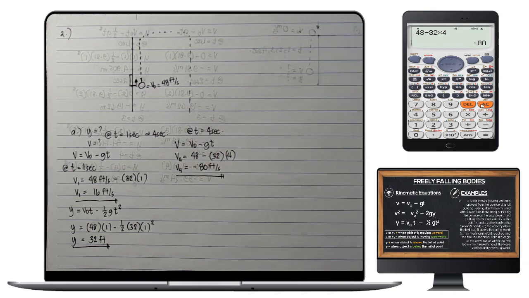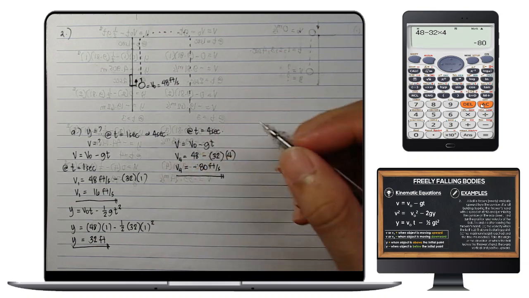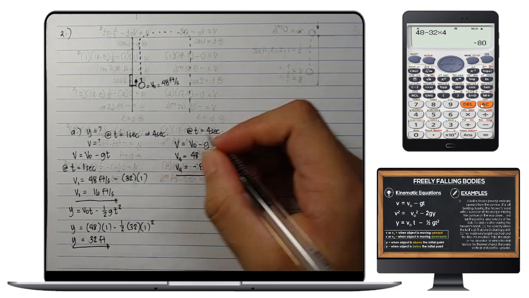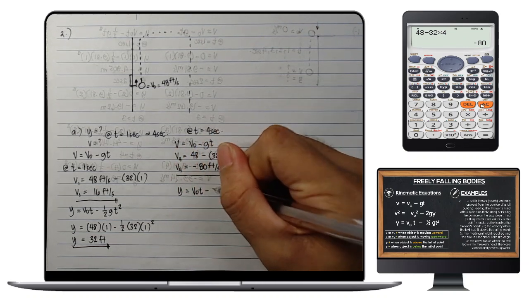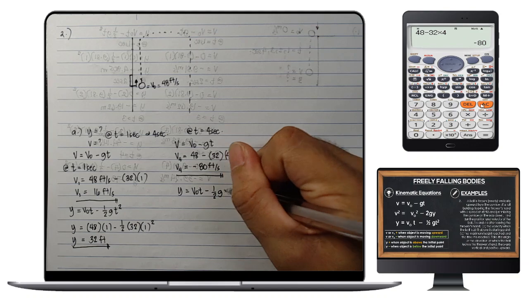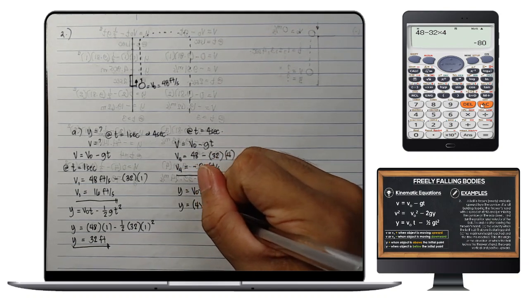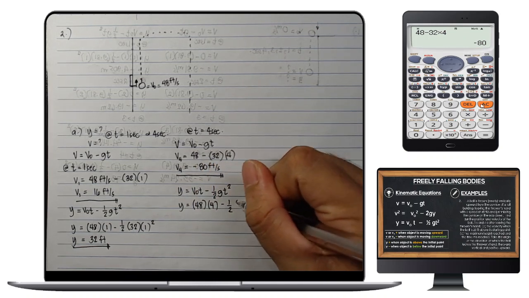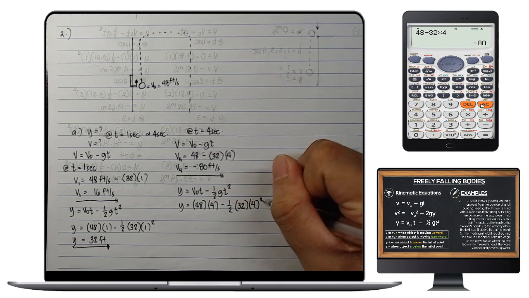So which is downward. So, let's see the position of our ball after 4 seconds. So, y is equal to v₀t minus 1/2 gt². So, let's substitute. y is equal to 48 times 4 minus 1/2 g t squared.